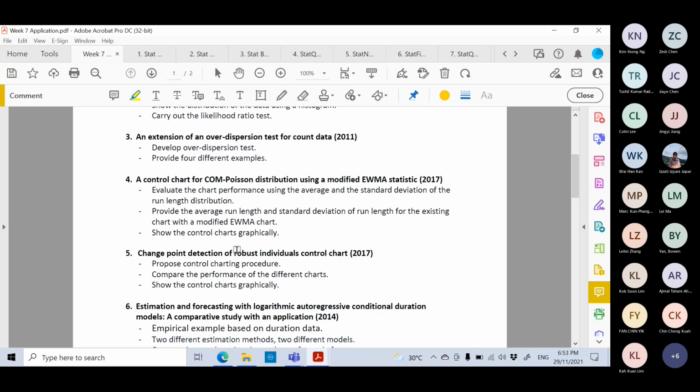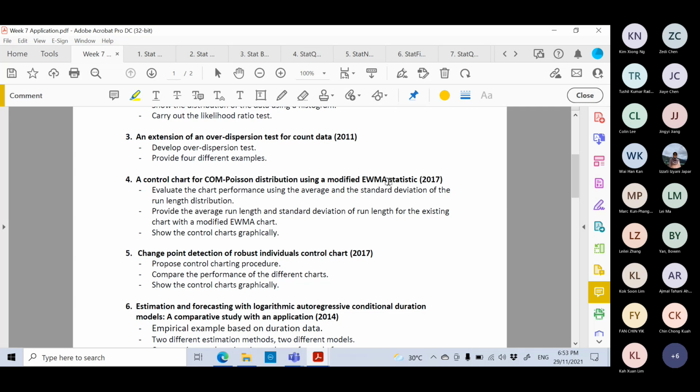In the 4th paper here, they have a control chart for the Poisson distribution using a modified EWMA statistic. If you read the title, you also know that they modified the EWMA statistic. EWMA is one of the techniques under the exponential weighted moving average.